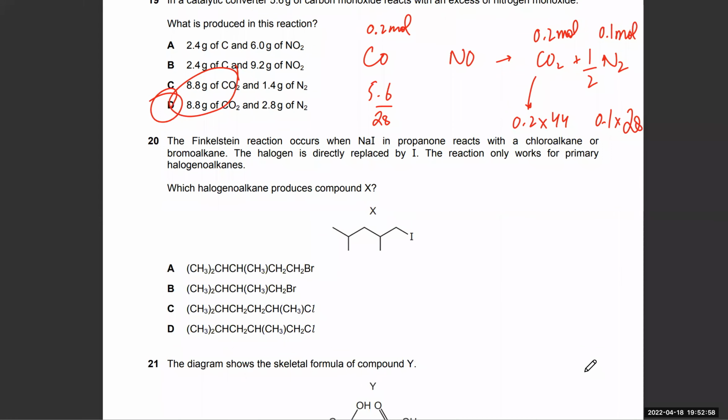Next one. We're on organic now. Whatever this is, it occurs when NaI in propanone reacts with a chloroalkane or bromoalkane. The halogen is directly replaced by I. Which halogenoalkane produces compound X?